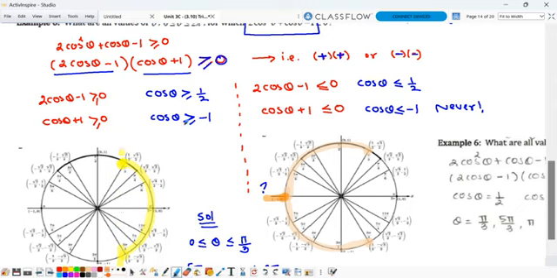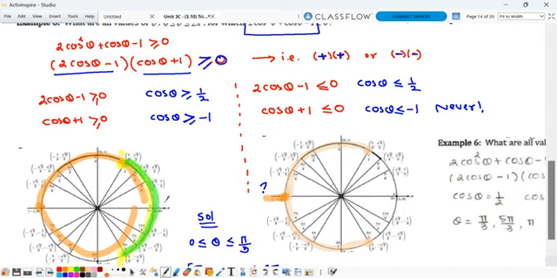Then cosine theta greater than negative 1. This is negative 1. Everybody is greater than negative 1, so I need this and I need this. Which is the common piece? The common overlapped answer is this.